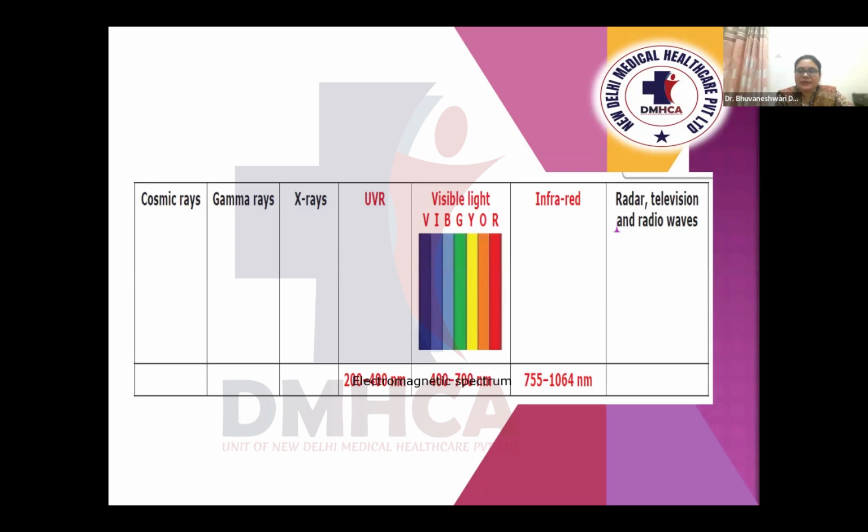Again, this light has been classified into UVA, B, and C. Ultraviolet C is of wavelength 200 to 400 nanometer, ultraviolet B in the range between 400 to 700 nanometer, and more than 755 to 1064 nanometer is infrared waves.